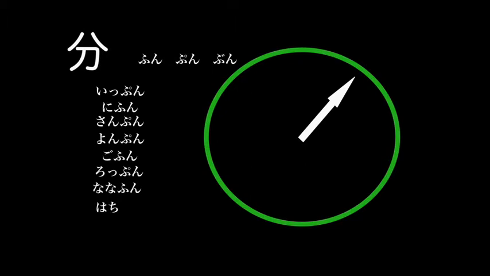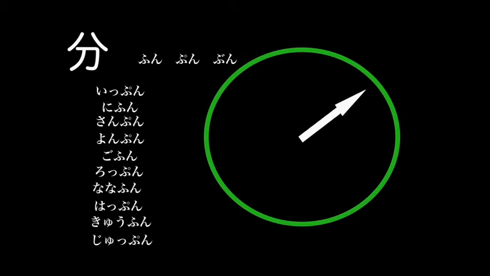Hachi, just like ichi, loses the chi and changes to happun. Happun, 8 minutes. Kyufun is exactly as you'd expect, number 9, adding fun, kyufun, 9 minutes. And when we get to 10, we actually drop the u and go juppun.